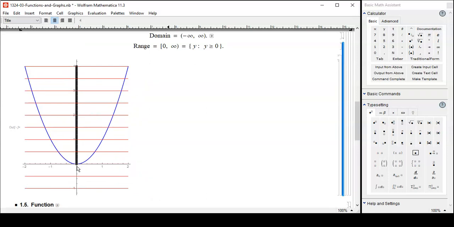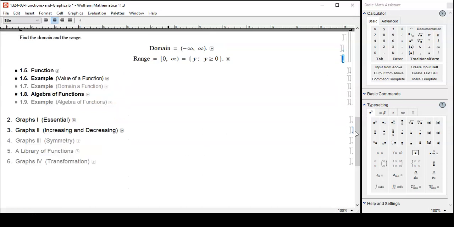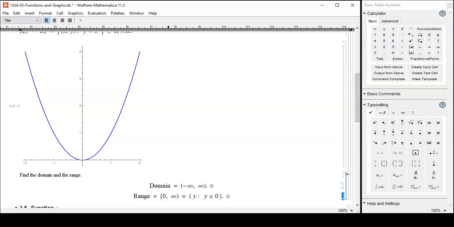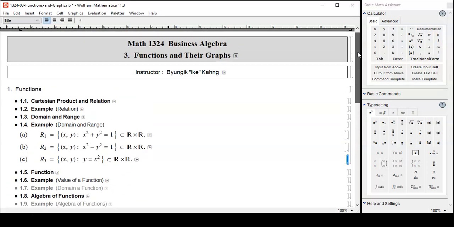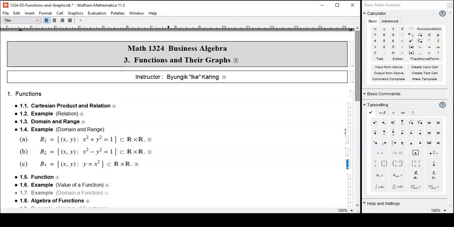All these y-coordinate values greater than or equal to 1, greater than or equal to 0, all those, we have at least one crossing, which means this x-coordinate value here is related to this y-coordinate, and so on and so forth. But if y is negative, no crossing, nothing down there. So they are outside the range. You can use those vertical lines and horizontal lines and crossings to solidify the idea of domain and range.